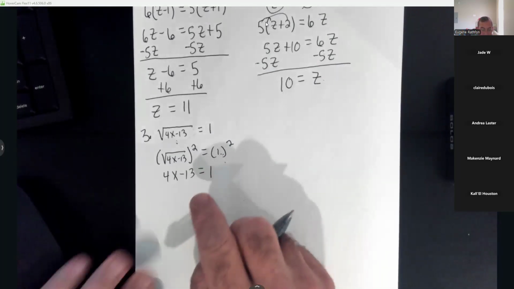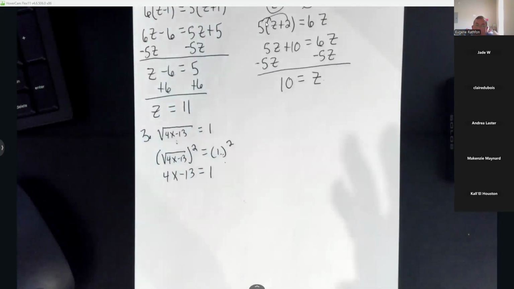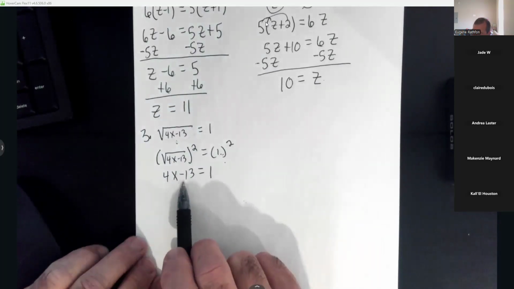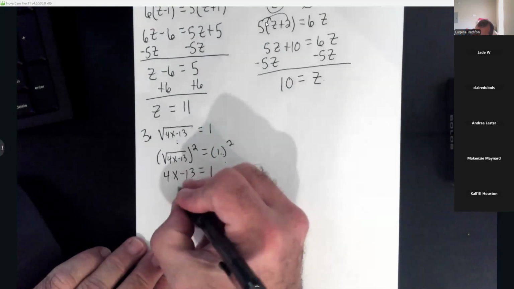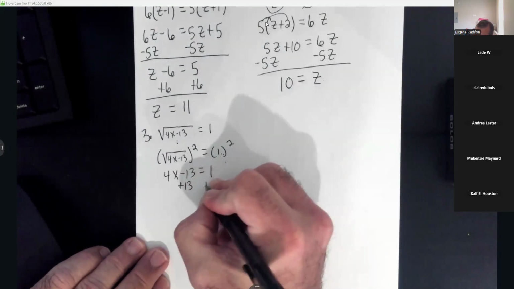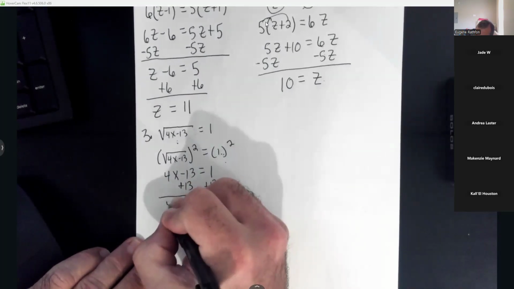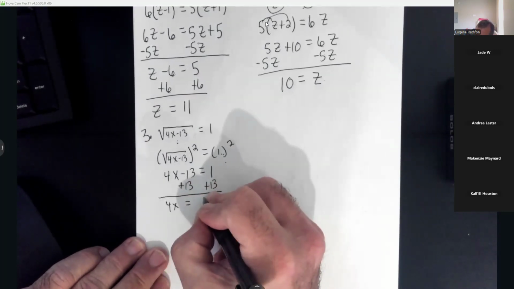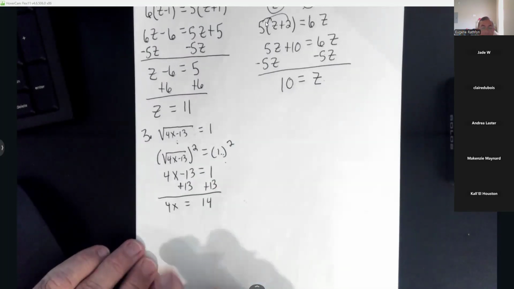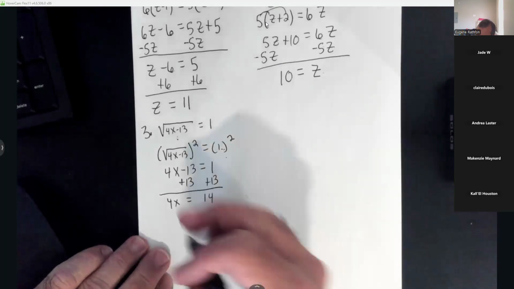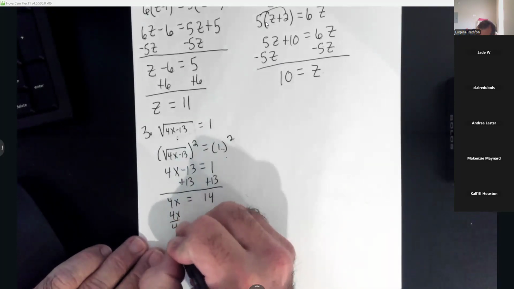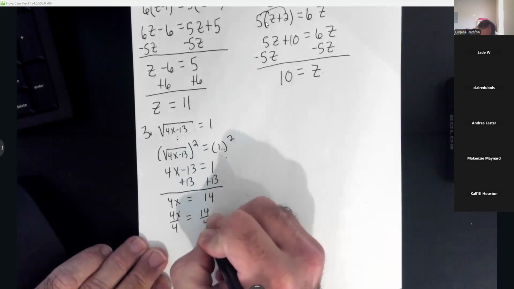So now it just becomes a matter of solving for the x. Since I only got the x's on this side, I'm going to move all the numbers over here. So add 13. I get 4x equals 14. Divide both sides by 4. So that cancels.